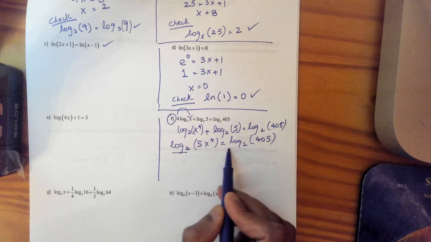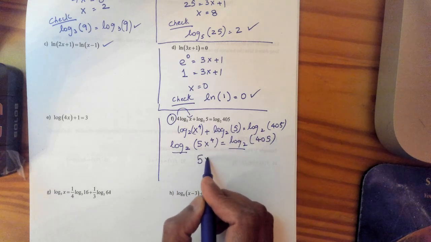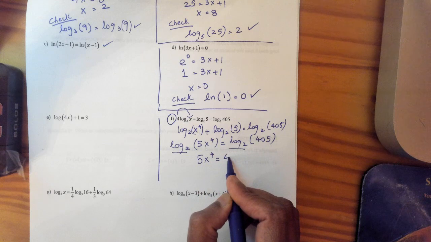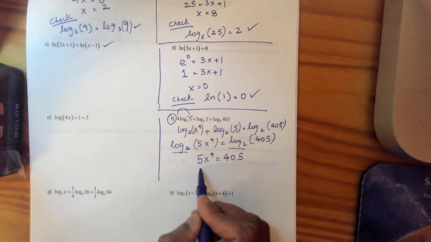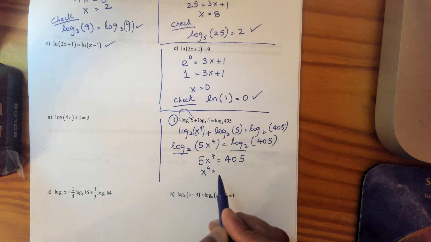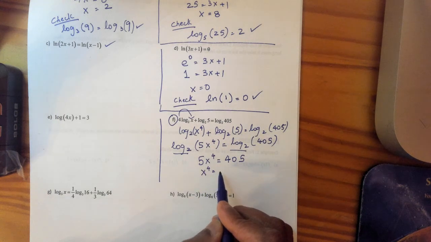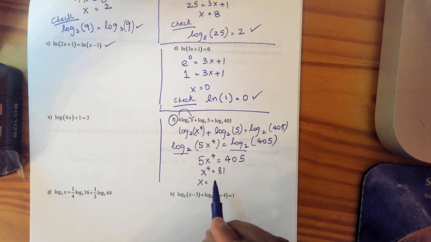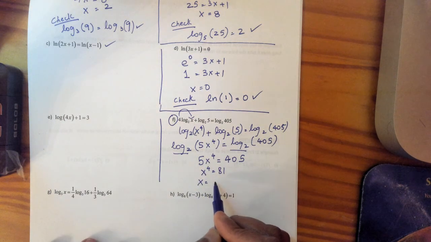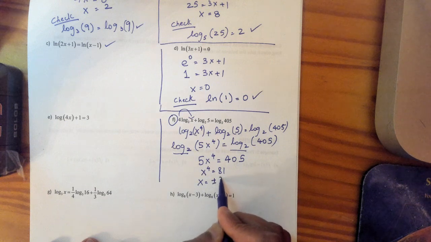Now they both have the same base. That means I can equate the input. 5x^4 equals 405. Go ahead and solve this. You should get x^4 equals 81. That means the 4th root of 81 is 3. 3 to the 4th power is 81. But it's going to be plus or minus 3.